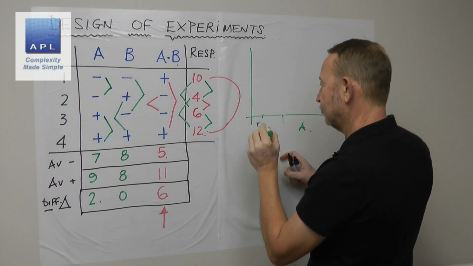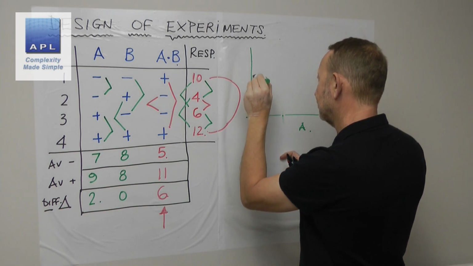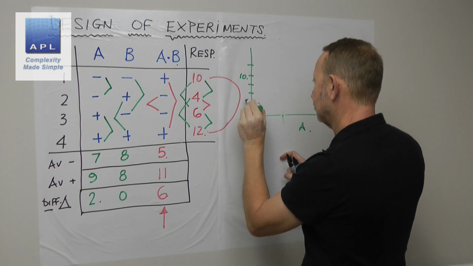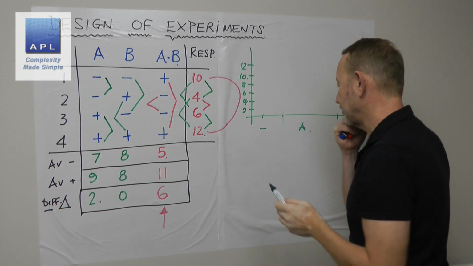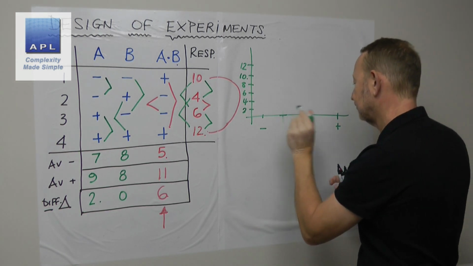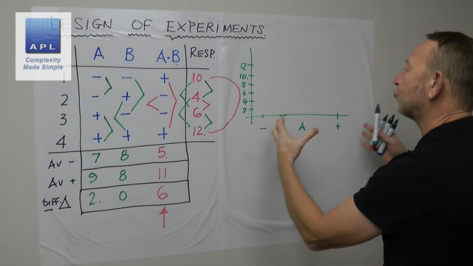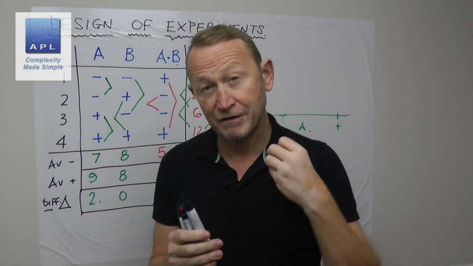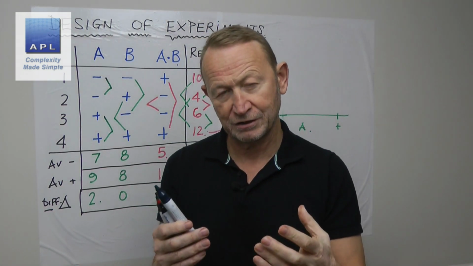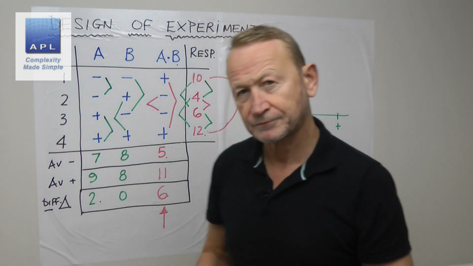Let's get ourselves a little scale. The highest is 12: 2, 4, 6, 8, 10, 12. So there's our scale. We're going to plot a graph of what effect A is having on the result. What is A doing to our system?